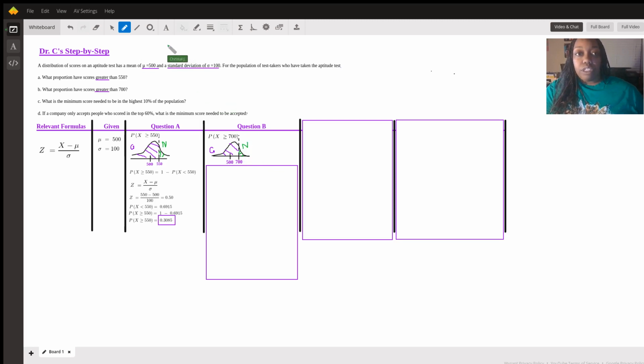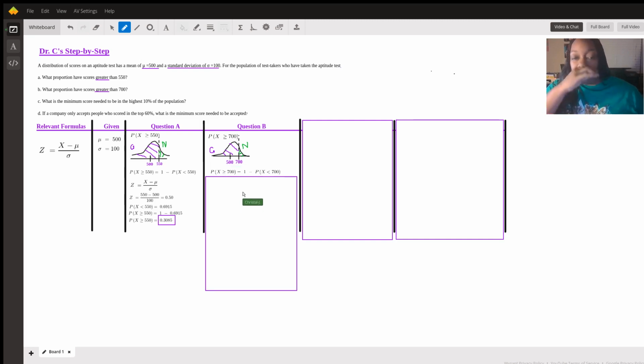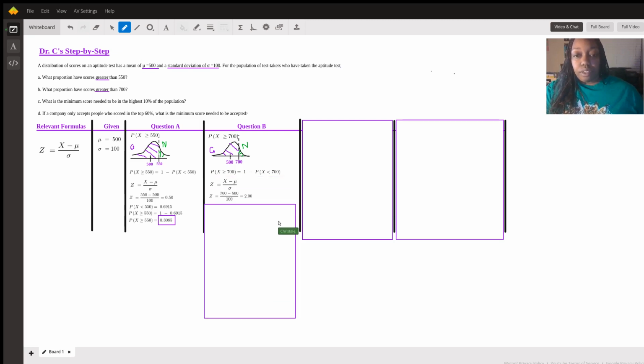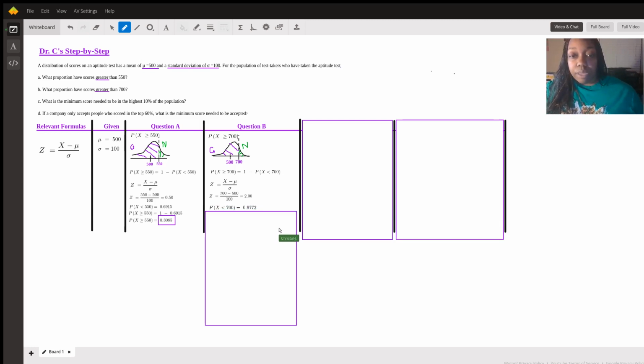So we know, because it's under a normal distribution curve, it's worth 1. When we get the probability for X is less than 700, we're going to subtract that from 1 to give us the probability of the score being greater than 700. Okay, so now we have our formula, and we find out that our Z-score is 2. When we go to the Z-table chart, we're going to find that the score being 2 is equivalent to 0.9772.